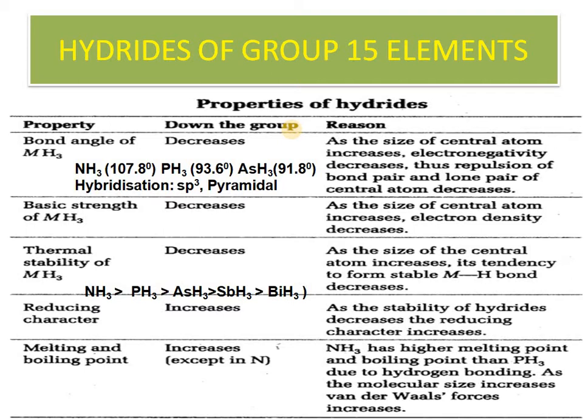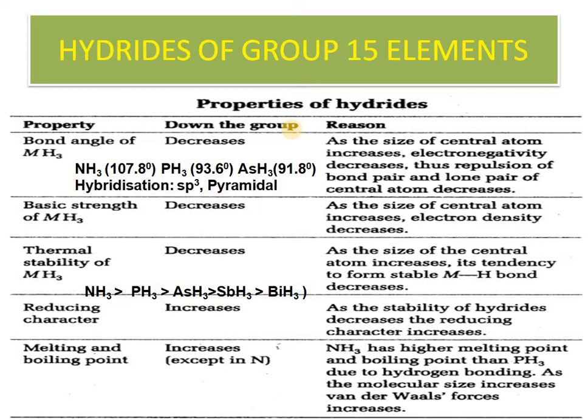So reducing character increases down the group, as it is opposite to thermal stability. The more the thermal stability, the lesser the reducing character. Thermal stability minimum means the bond can break easily, which is bismuthine, so the reducing agent will be maximum for bismuthine.